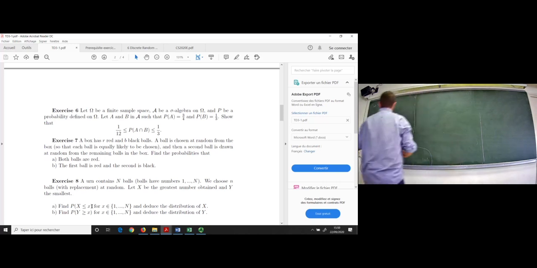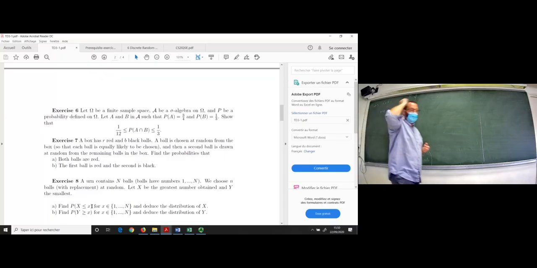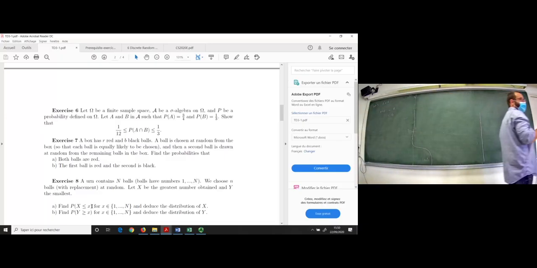Why? Because I know that A intersecting with B, by definition, is included in A and is also included in B. And I know that the probability is an increasing mapping, in the sense that if one set is included in another one, the probability of the first is less than the probability of the second.